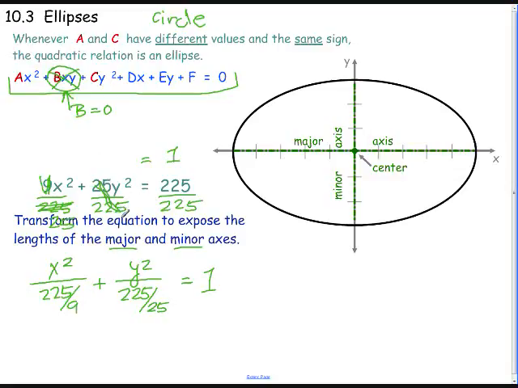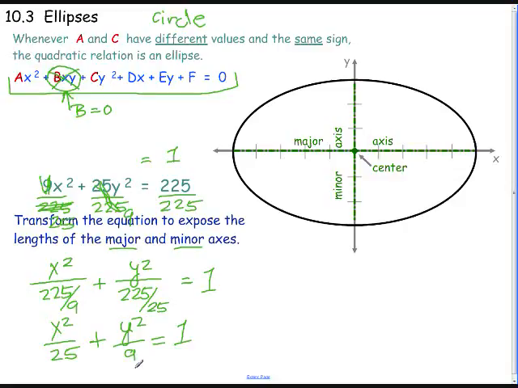I'll have a 1 up here, and that's right, a 9 down here. I always want to have a coefficient of 1 on these squared terms. And you'll notice that this is going to do exactly the same thing. So I get x squared over 25 plus y squared over 9 equals 1.